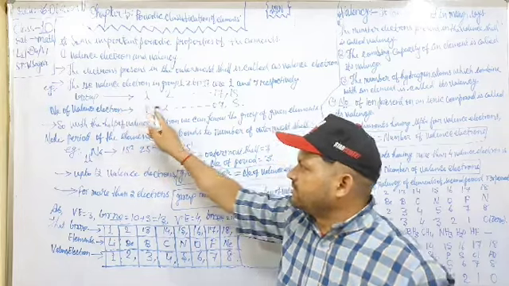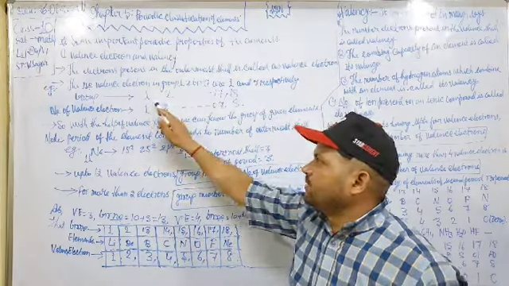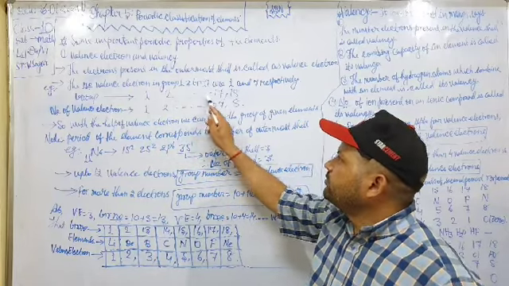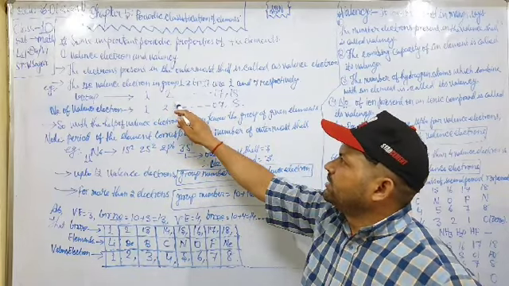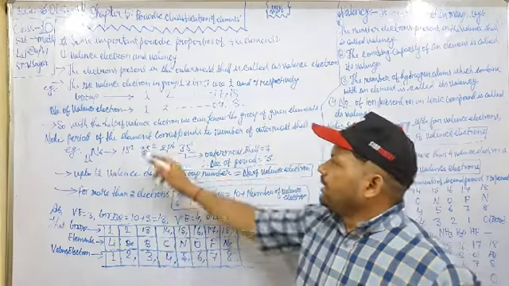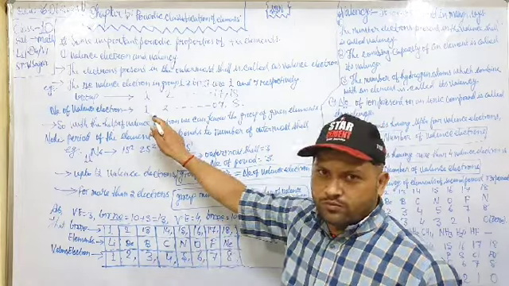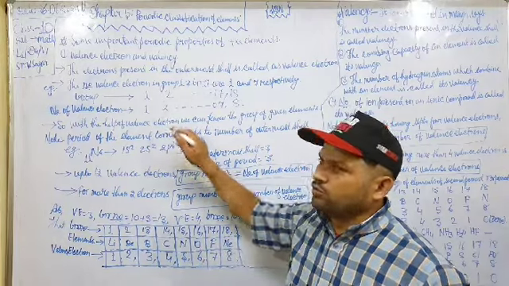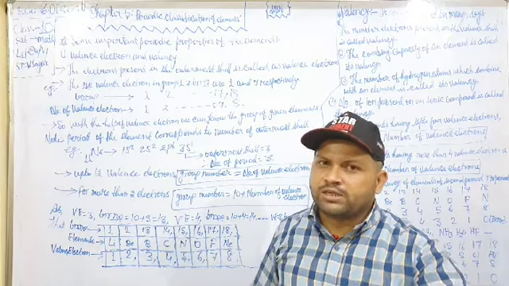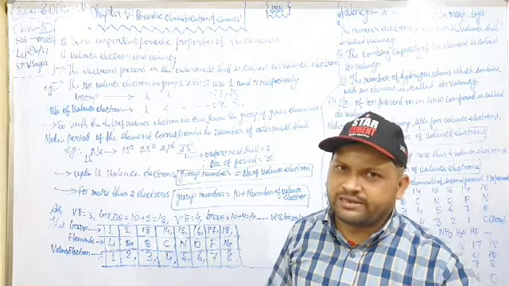That I have written here. Here we have written group numbers 1, 2, and up to 17, 18: 1, 2, 13, 14, 15, 16, 17, 18. The number of valence electrons in the first group is 1, in the second group 2, and groups 3 to 12 will be explained later.